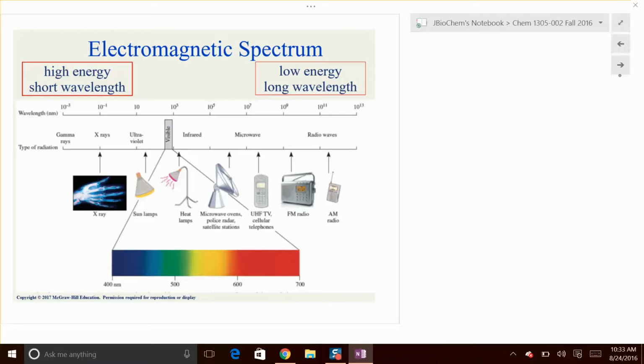And then we keep moving into the X-ray region. Now we're even smaller. Into the gamma ray. Very bad. Gamma radiation is some of the radiation that is released from radioactive samples.